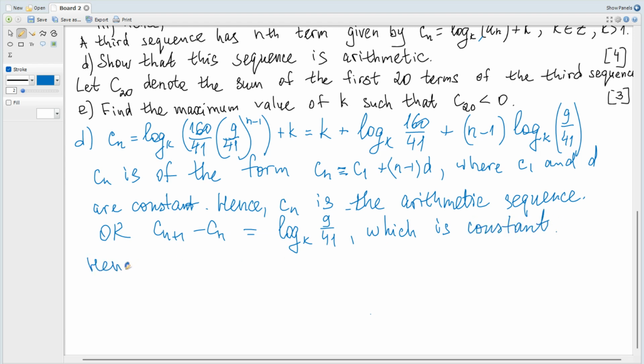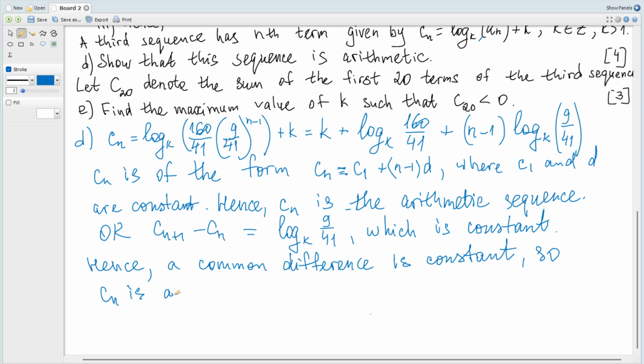Hence it's actually clear that it's a common difference, but let's rewrite: hence the common difference is constant. So Cn is the arithmetic sequence.